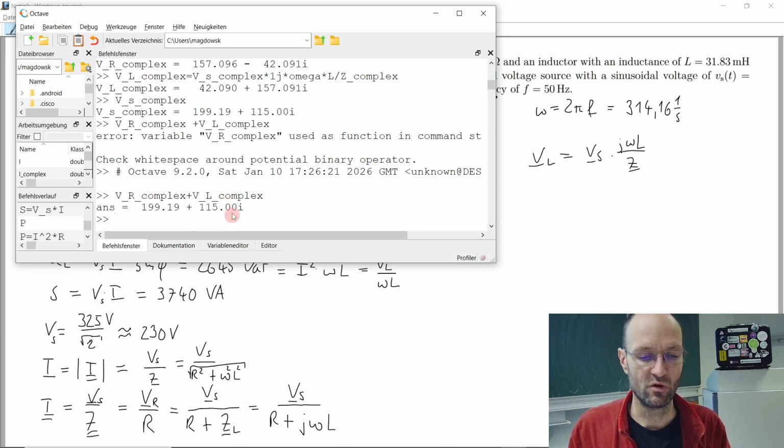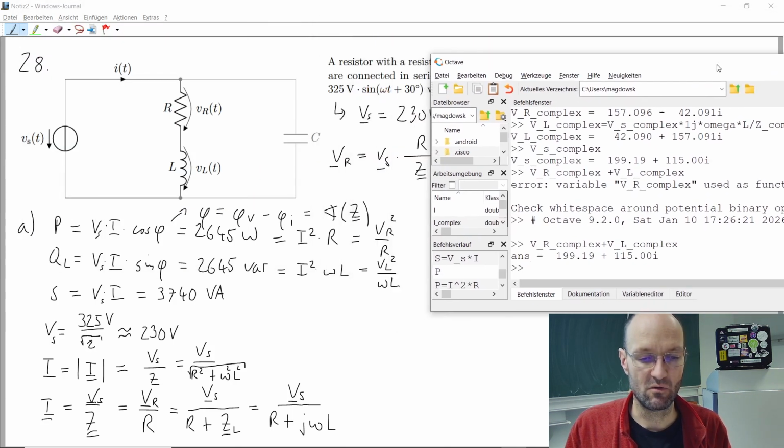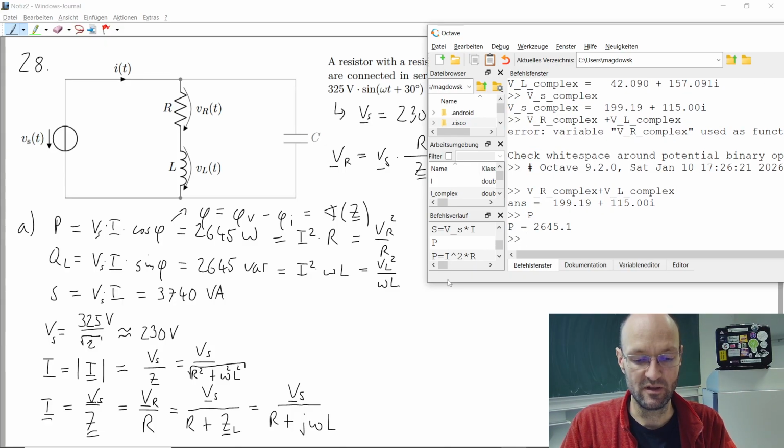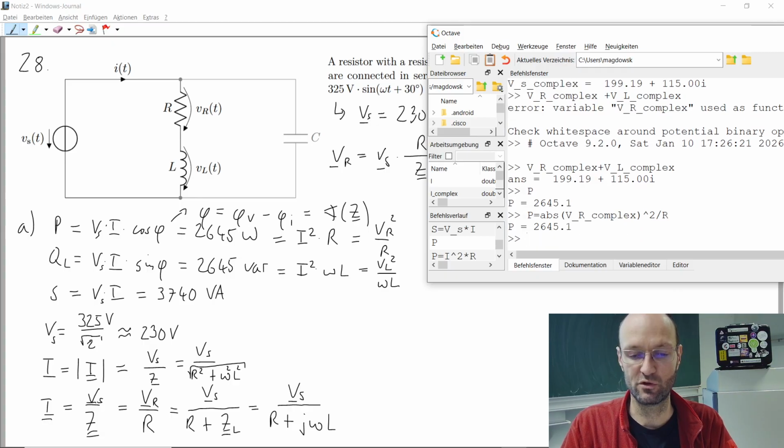And so now if we go back to these equations, if I want to calculate back the power, the power could also be calculated by the magnitude. Here it's not the complex phasor anymore, here it's just the RMS value, and the RMS value is the magnitude of this complex phasor, the magnitude squared divided by the resistance. I should get the very same value, and I get the same value.